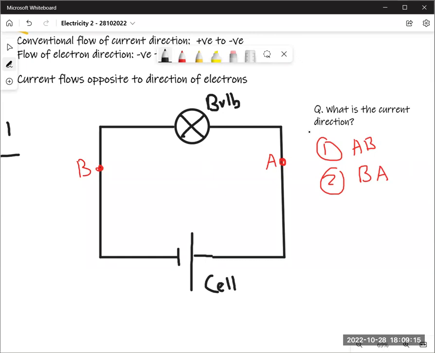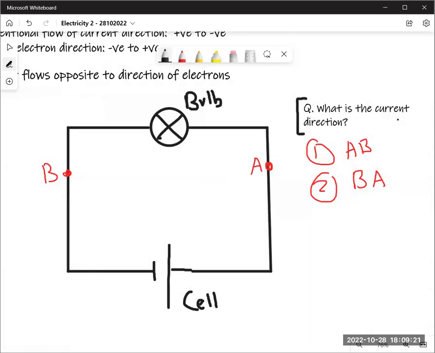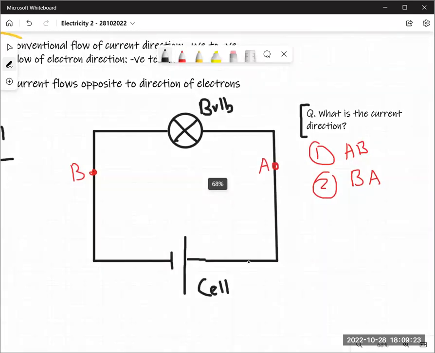Read the question. What is the current direction? I have the bulb, I have the cell. Firstly, Safa, tell me which terminal is positive, the bigger one or the smaller one? Bigger is positive, smaller is negative.